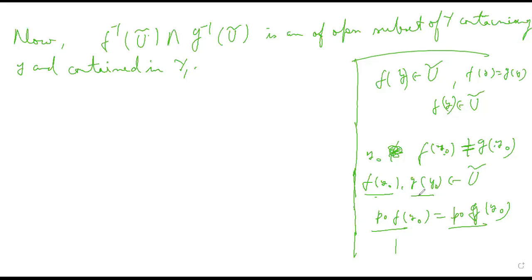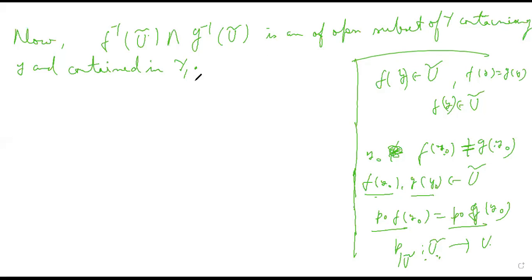But p restricted over u tilde, from u tilde to u, is a homeomorphism, and there are two distinct points in u tilde which go to the same point. It means that p is not injective. So this is a contradiction to the fact that p is a homeomorphism. So it means that this is contained in y1.